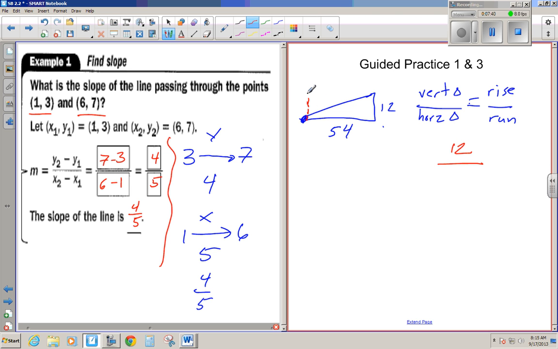And then if you needed to know what the run is, you would say 54. Now this is a correct answer, but of course you should be able to reduce it. I'm going to reduce this to 2 over 9. Let's see, divide that by 6, divide that by 6. For every 2 feet of rise, there's 9 feet of run.